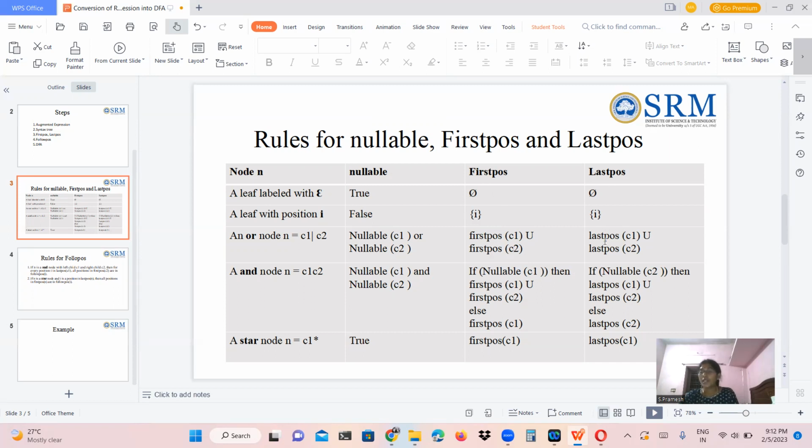For last position, the same union rule applies, but with the last position of the left child and the last position of the right child. So this is for the OR category.